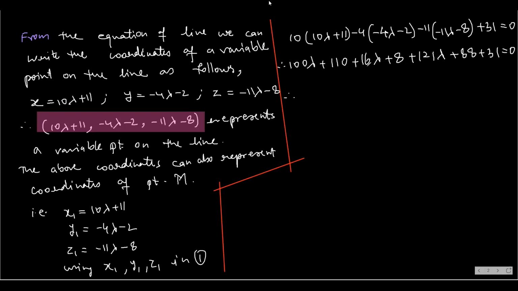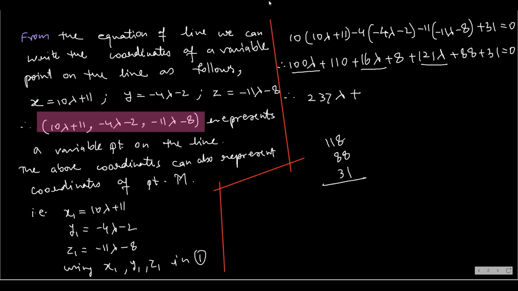So here we got, see, these are lambda terms. So this becomes 237 lambda. Okay, plus how much is this? See, this is 118 plus 88 plus 31.